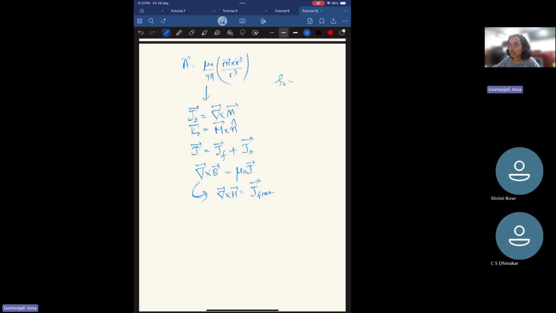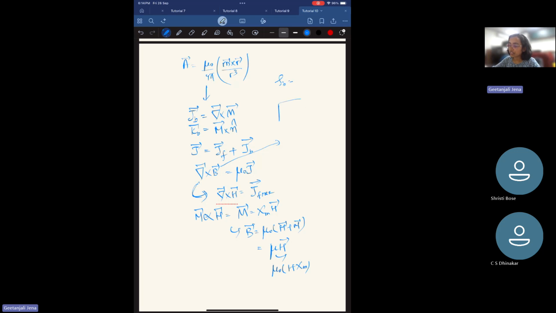One condition that we have seen is that for a linear material, the magnetization is directly proportional to the applied field, which is H. So you can write M is chi M H. In that case, the expression for B simplifies to mu H, where mu is mu naught times 1 plus chi M. B is the total response in the presence of a magnetic field.